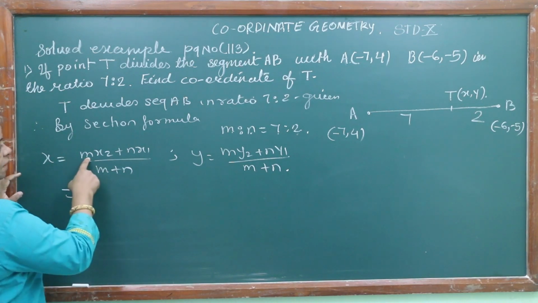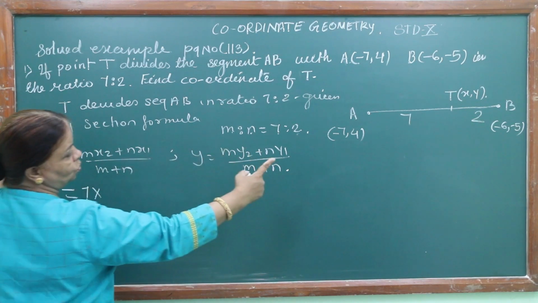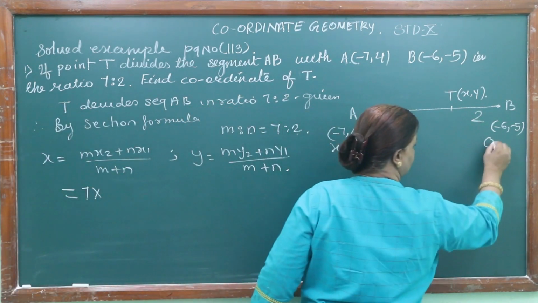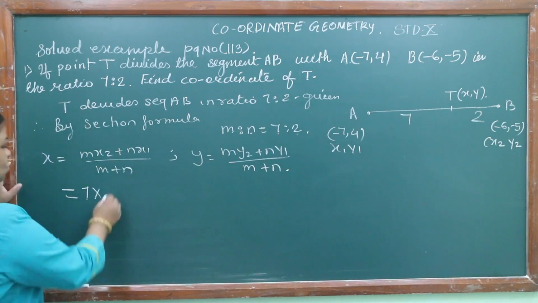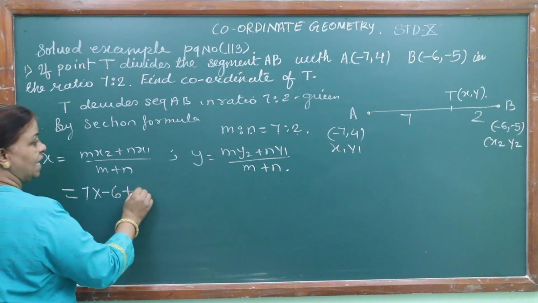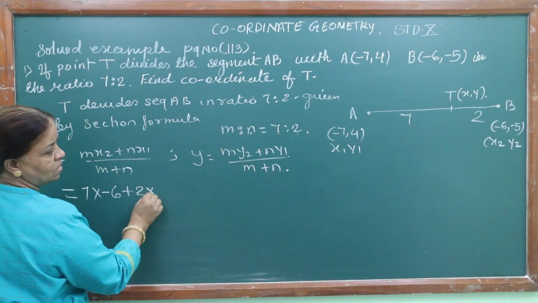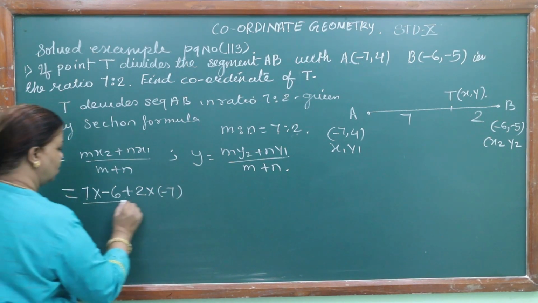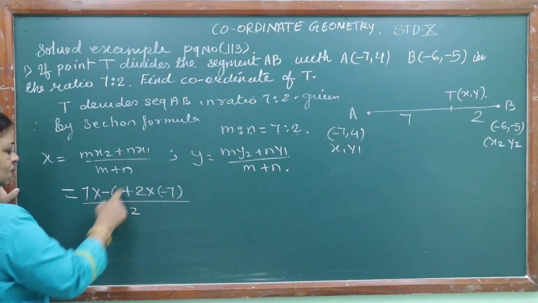So which is equal to, m is what? 7. 7 into x2. So let me write here x1, y1, x2 and y2. So 7 into -6 plus n is 2, 2 into x1, that is -7, upon 7 plus 2, m plus n is 7 plus 2.